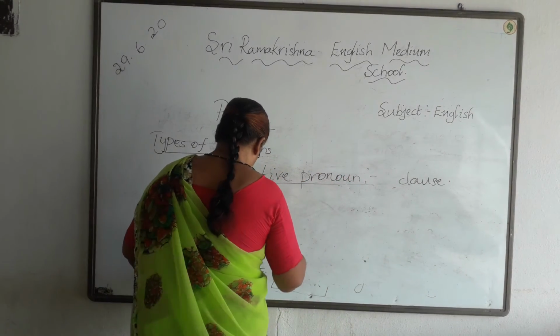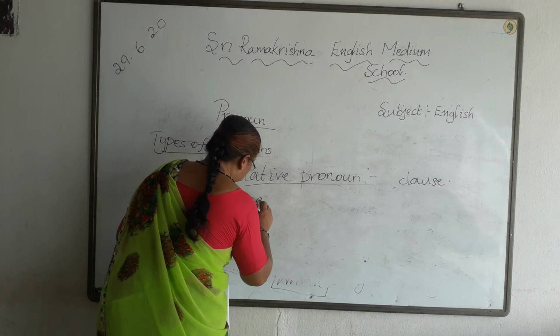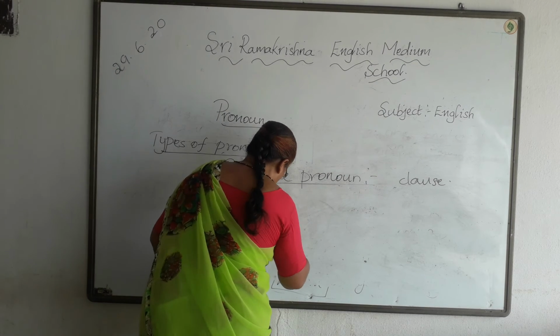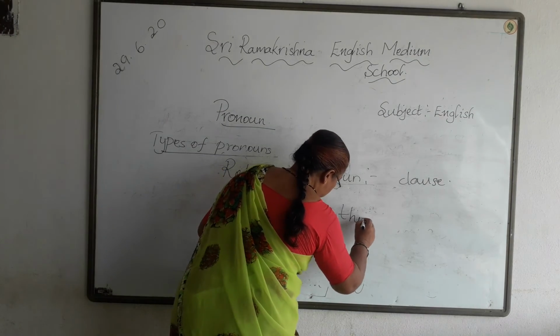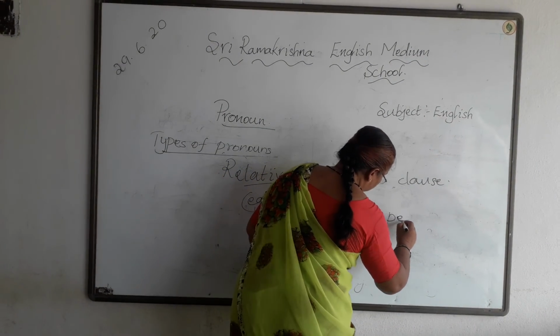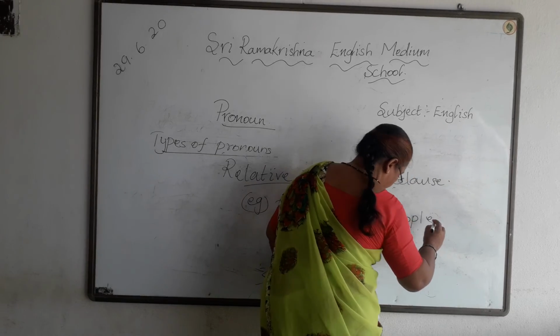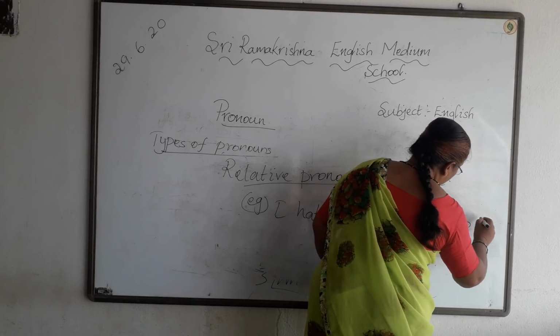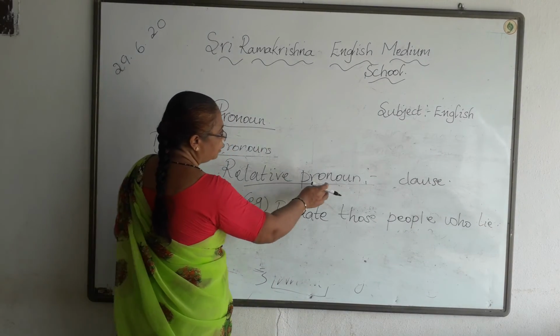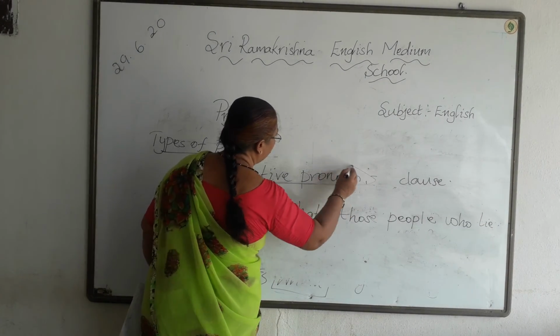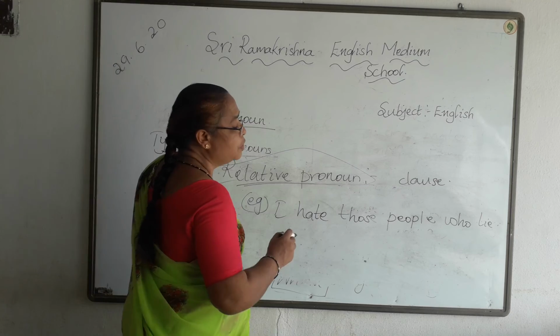Example: I hate those people who lie. Here it introduces a relative clause. This relative pronoun introduces a relative clause.